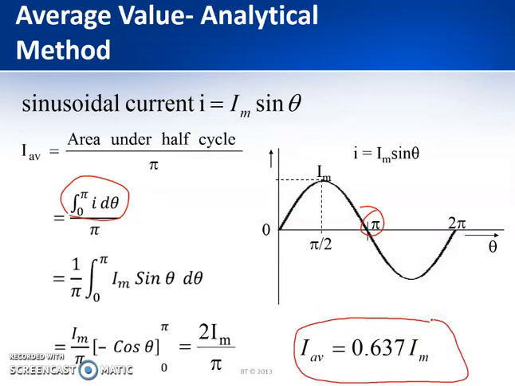So if you are asked to find the average value of a triangular waveform or any waveform other than sinusoidal, do not write it as 0.637 Im. There we need to calculate. Here it is calculated for i equal to Im sin theta because it is a sinusoidal waveform. So for any sinusoidal quantity, we can take it as 2 Im by pi or 0.637 Im.